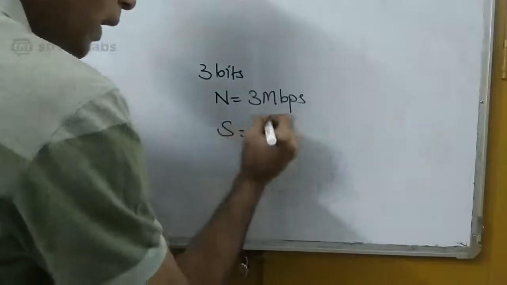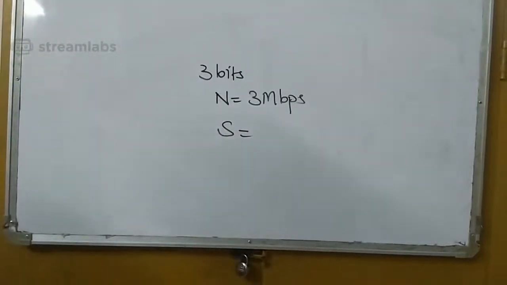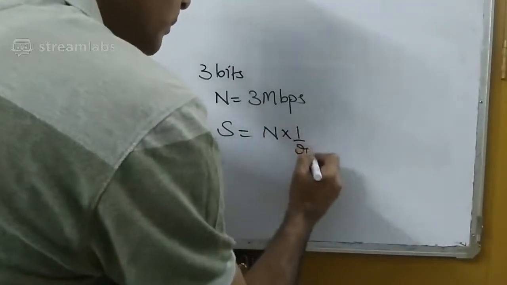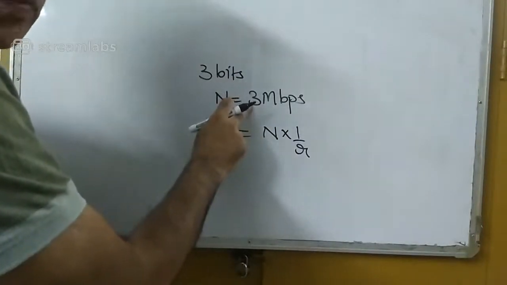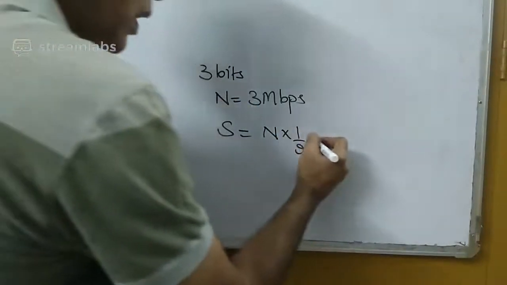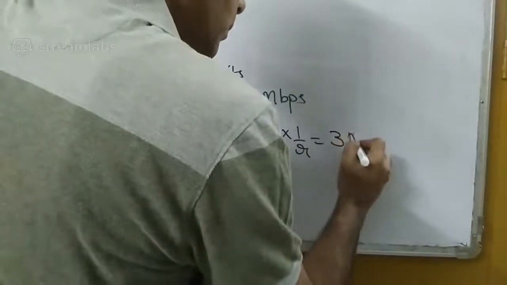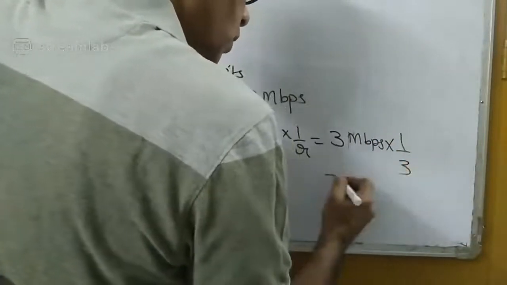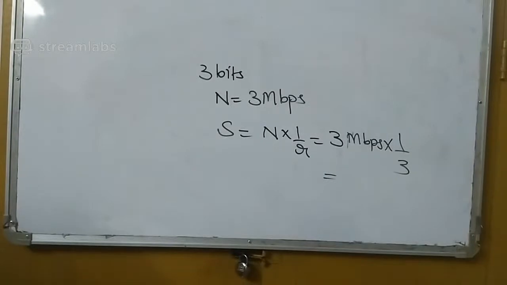So your baud rate S will be given by the formula S = N into 1 upon R. Here R is 3, so 3 Mbps into 1 upon 3 gives 1 megabaud.